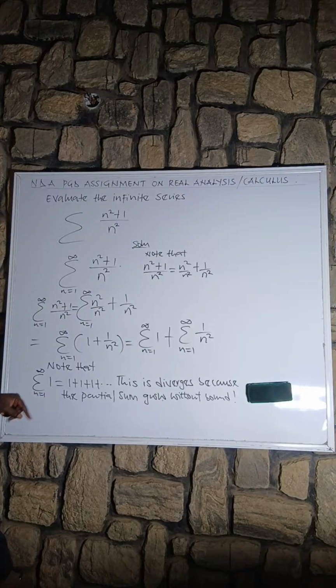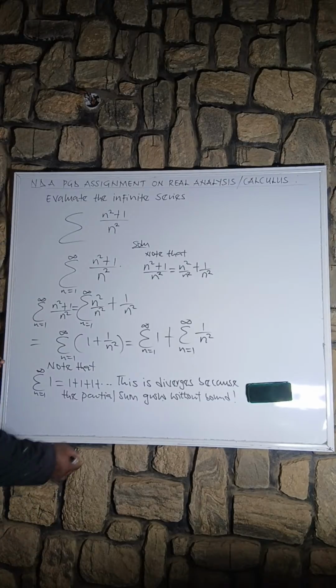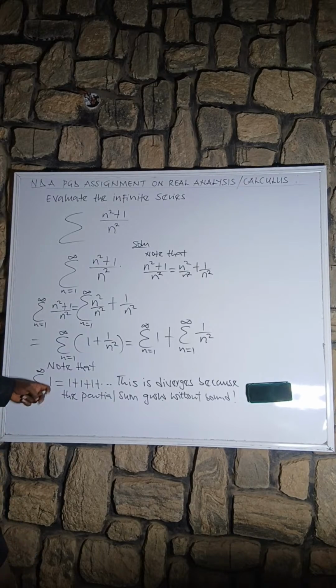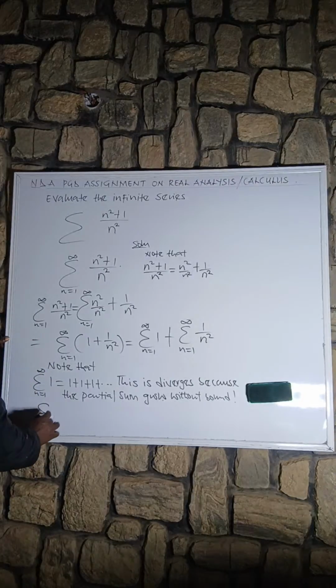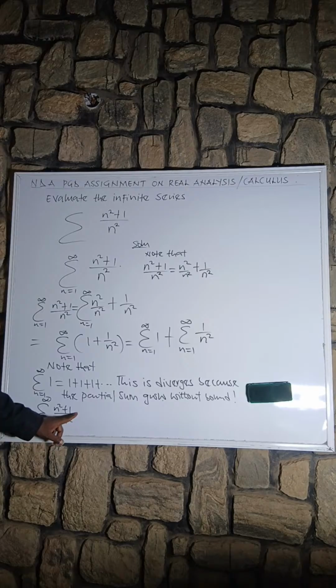So this implies that the whole series, when we assume it to be this thing, we conclude by saying the whole series diverges because of this one term. So therefore, our summation n from 1 to infinity of n squared plus 1 all over n squared, this series diverges because of the first term.